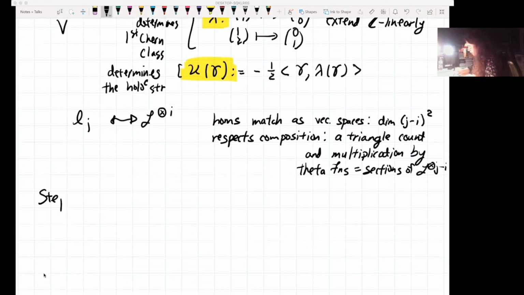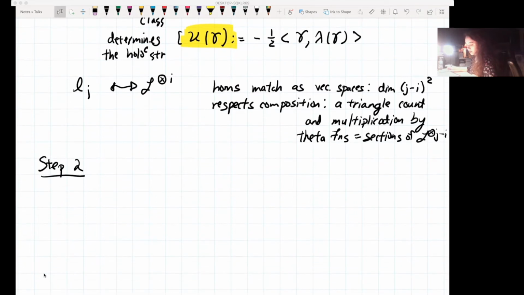Step 2 is to fit this into something about so that T4 the following.